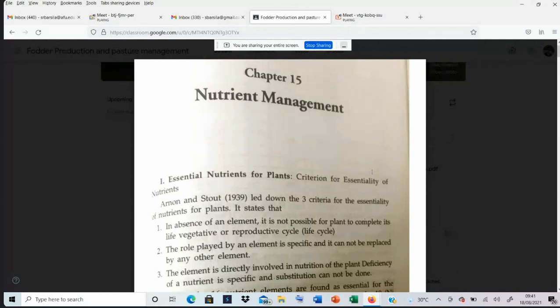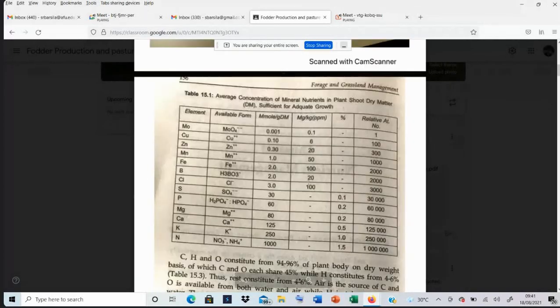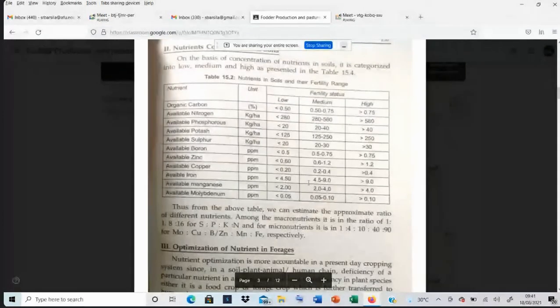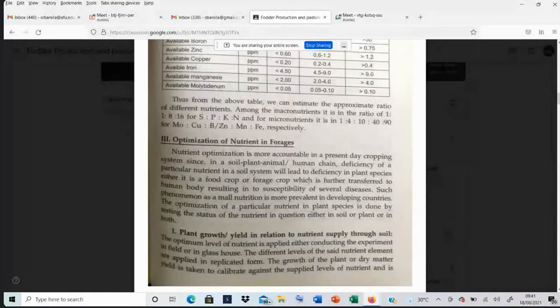One is nitrogen recycling, second is phosphorus recycling, and third is carbon recycling, okay? I won't go much into it because it's an agronomical chapter and you already know about this.